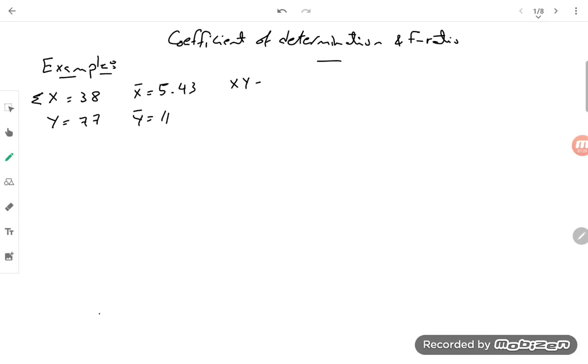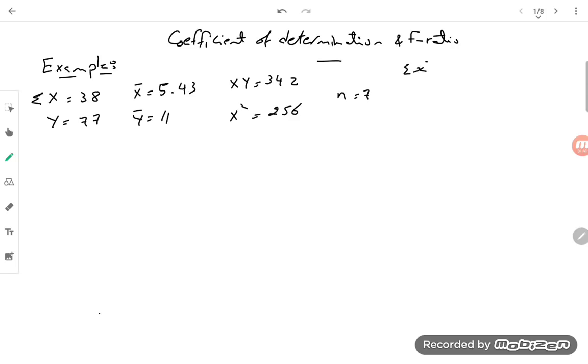Summation xy is 342 and summation x squared is 256. Number of observations equals 7.